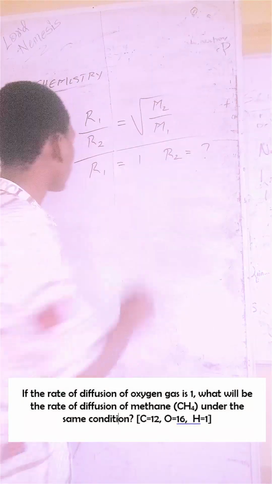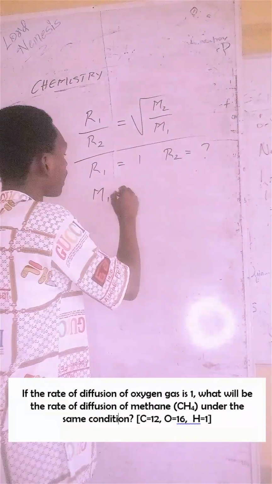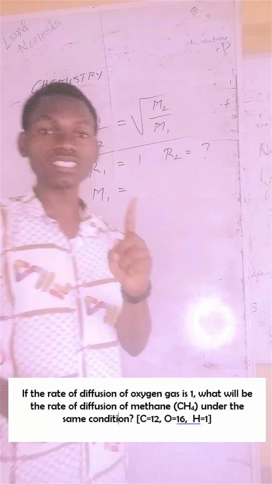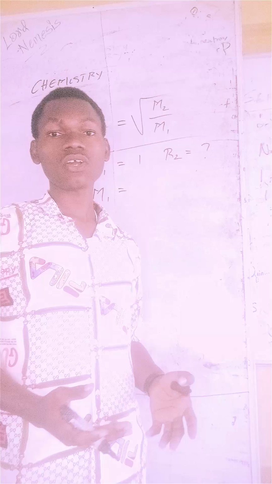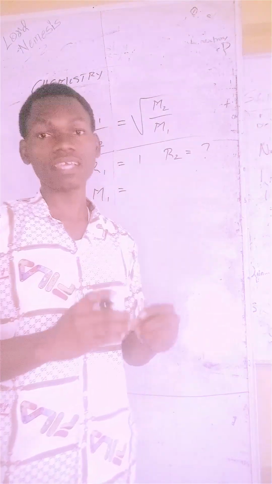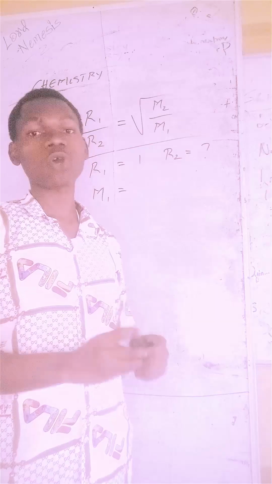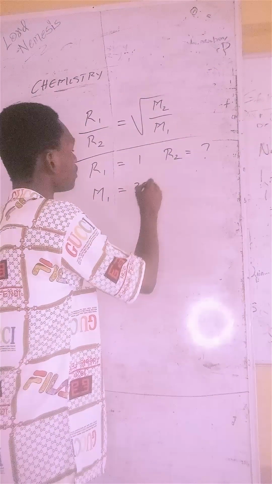that is what we are asked to find. Now our M1, the molar mass of oxygen: we know that the molar mass of one oxygen atom is 16. Now what is the molar mass of O2? We know that oxygen gas comes in pair. It's a diatomic gas, so we multiply 16 by 2 and it is 32.